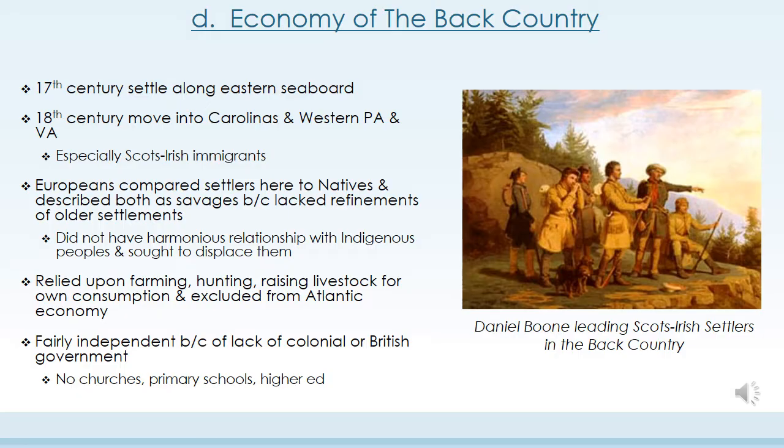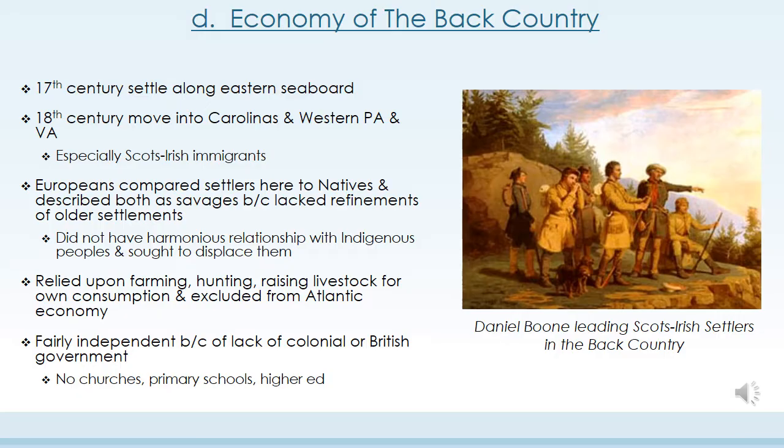throughout the 18th century. And backcountry settlers farmed, hunted, and raised livestock for their own consumption and local trade, and they weren't really connected to that burgeoning Atlantic economy that was growing. The economic realities of life in the backcountry encouraged independence and a strongly egalitarian culture.